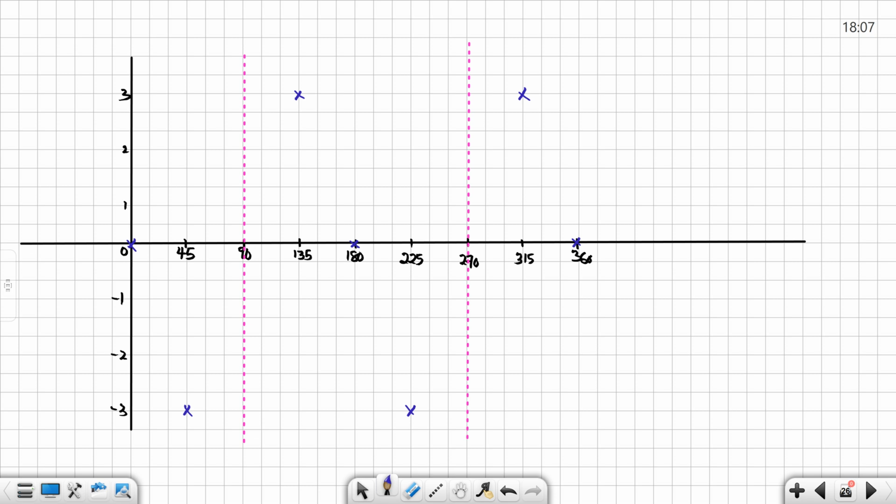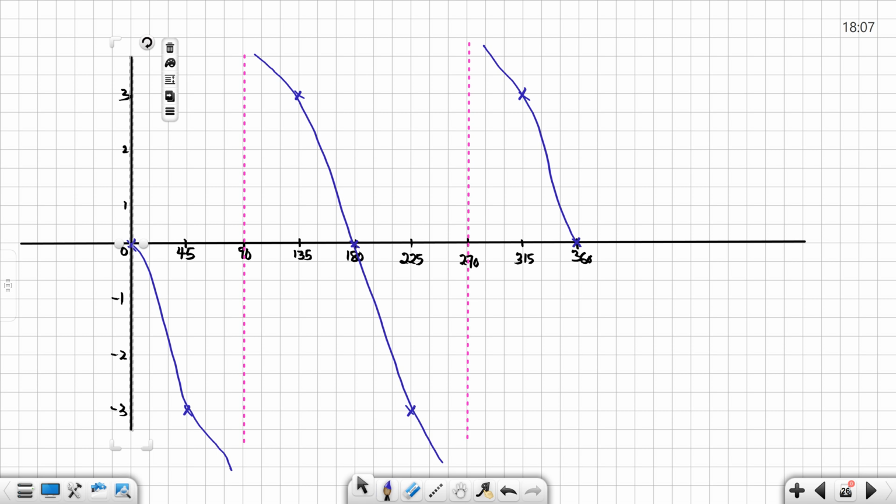Can you see the shape already of the graph? Remember your asymptote graph. Not much of a straight line graph. The graph shouldn't be longer than your asymptote.